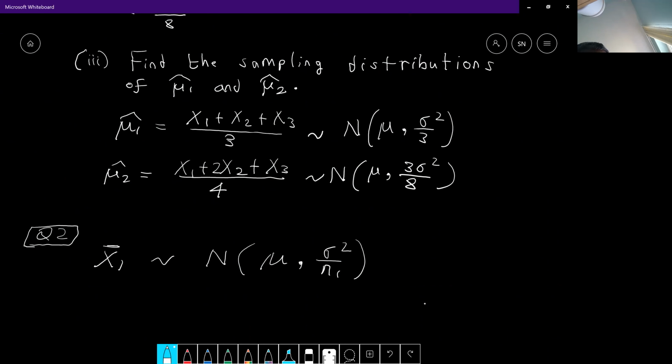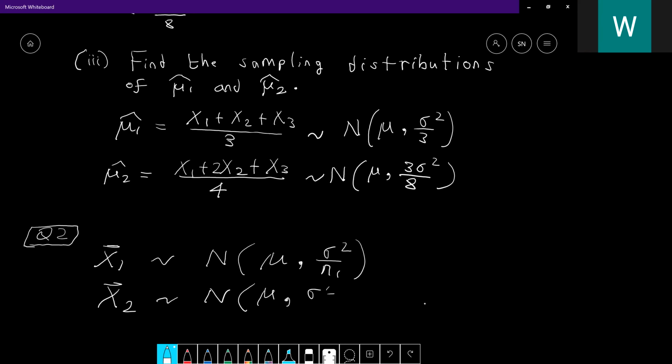And similarly, x bar 2 is the mean of a sample of size n2 from a normal population, so it must have this distribution.